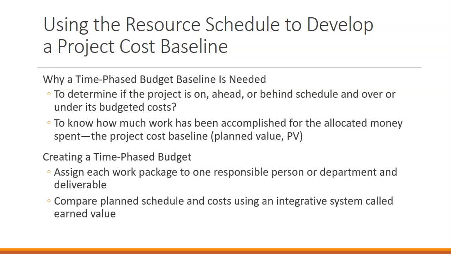If we say that a project is going to cost $10,000 and take 10 weeks, we don't want to say that we're allocating $1,000 a week in costs, because the truth is we might have an area where we have 2 or 3 activities happening at once in 1 week.